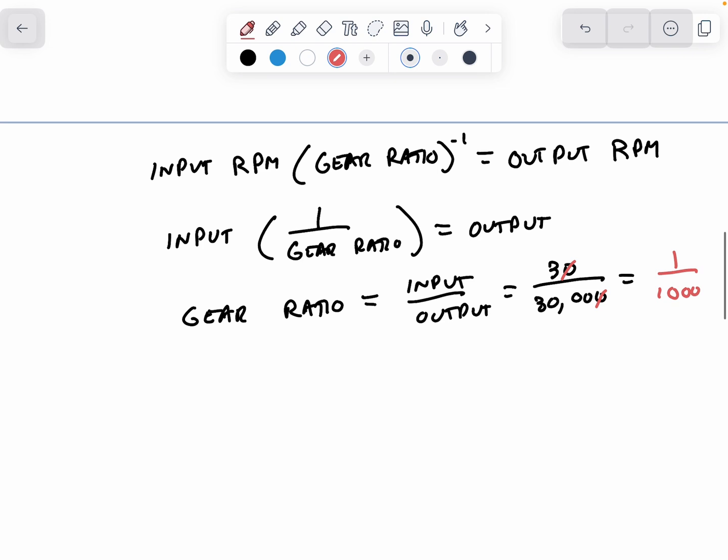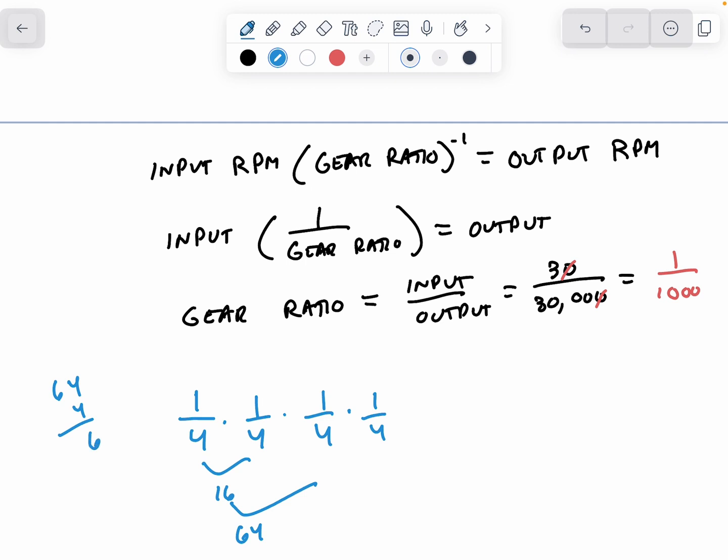So how are we going to get that? Our maximum gear ratio is 1 to 4. If we have 1 to 4 times 1 to 4, that's going to give us 1 to 16. Times 1 to 4 again, 16 times 4 is 64. Times 1/4 again, 64 times 4 is 256.